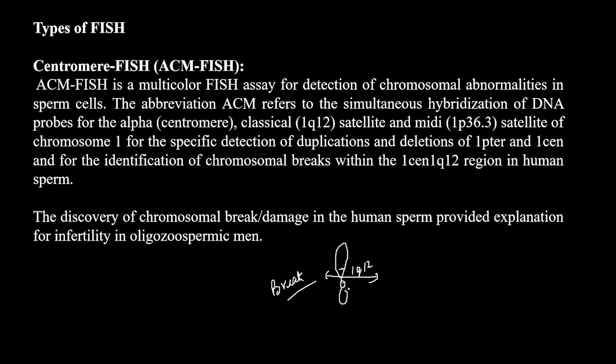So this is the centromere, this is the P arm, and this is the Q arm. In the Q arm, this is the particular region 1q12 in chromosome number 1. If there is any break between the centromere and 1q12, you will not get the proper signal, and by this you can identify infertility in males.